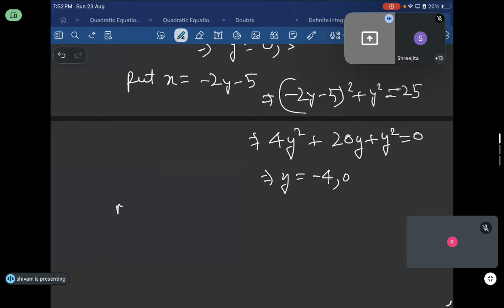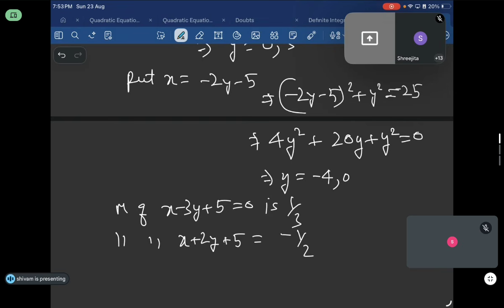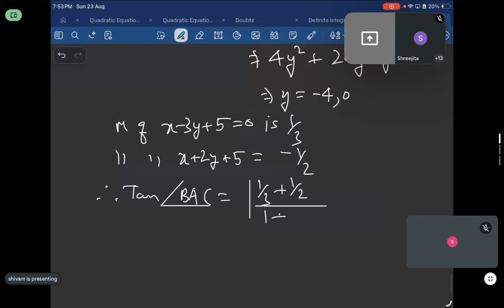What is the slope of x minus 3y plus 5 equal to 0? 1 by 3. And what is the slope of x plus 2y plus 5 equal to 0? Minus half. Therefore, tan of angle BAC will be equal to mod of m1 minus m2 upon 1 plus m1 m2, into minus half.